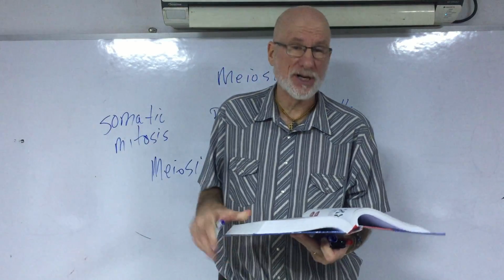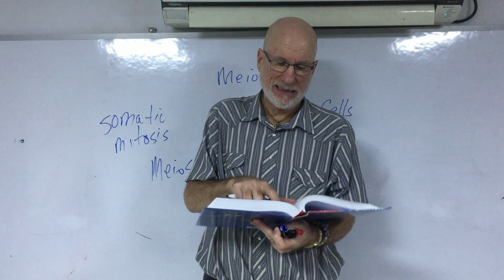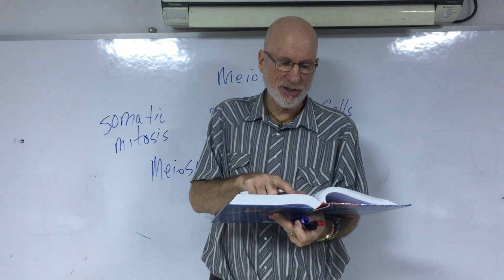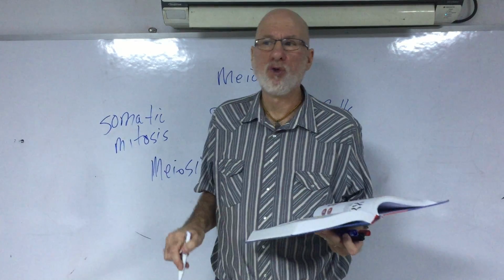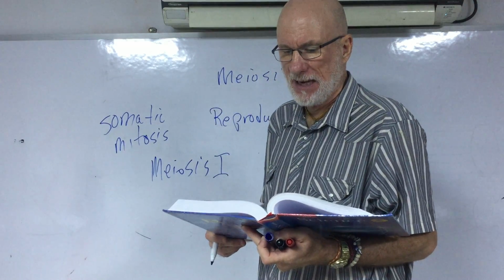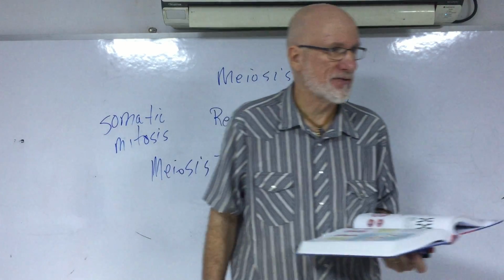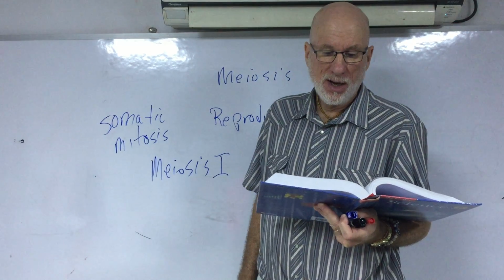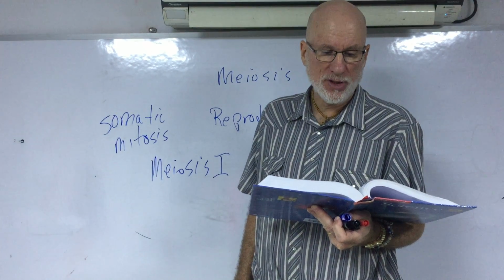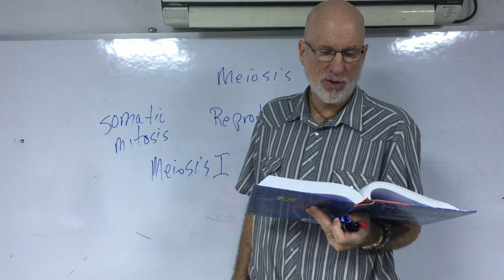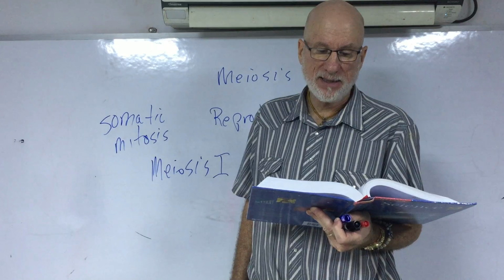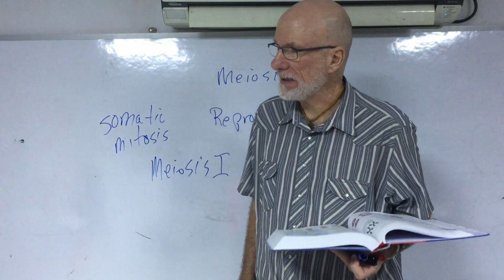Just to show you that it's in the book, it says meiosis involves 2 cell divisions that produce 4 haploid cells. During the first division, called meiosis 1, homologous chromosomes move to opposite poles of the dividing cell. During this division, a diploid cell.